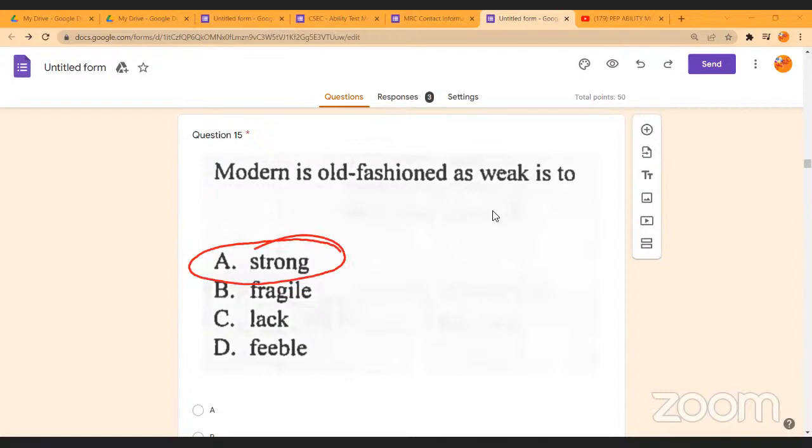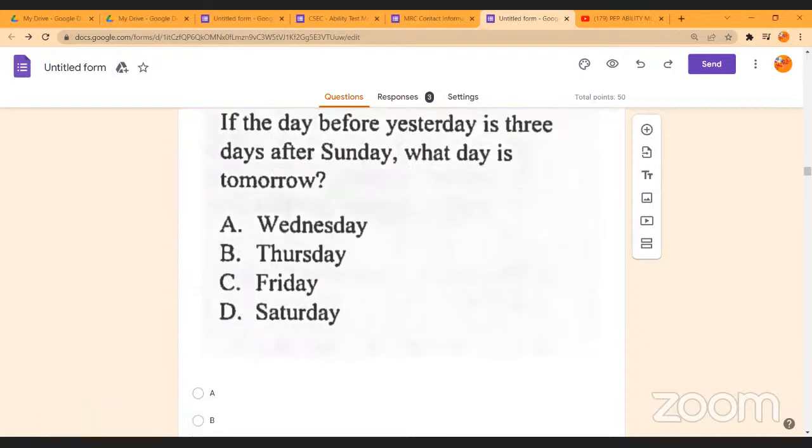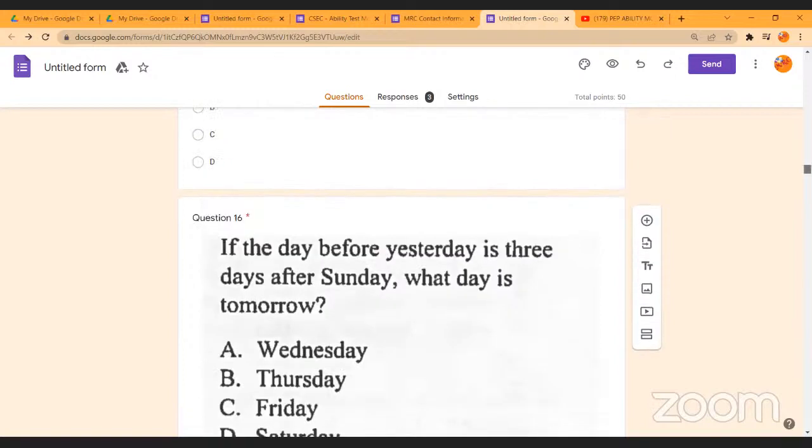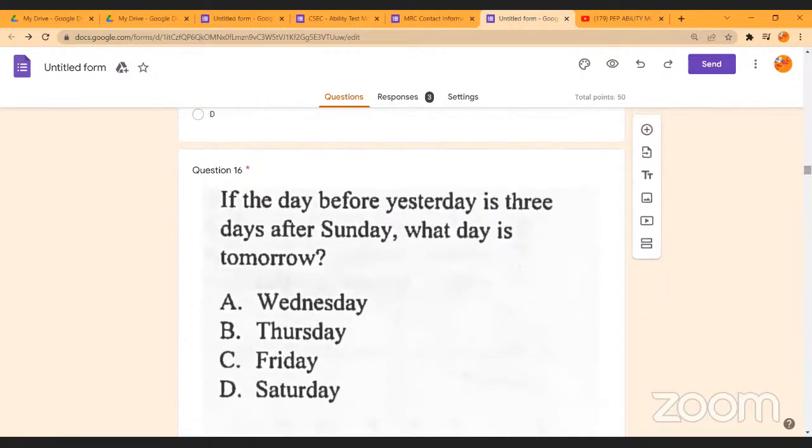Cameron, still with you. The day before yesterday is 3 days after Sunday. No, I need you to read the question out for me first and read the options first, and then we come to the answer.